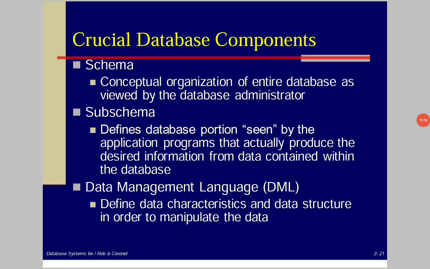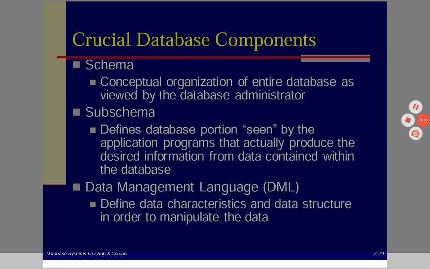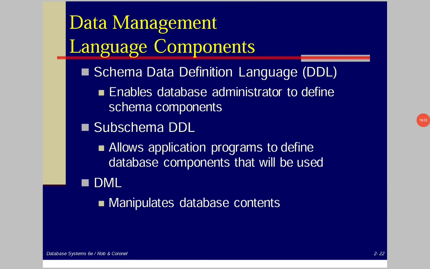So these three are required in the network model. So the data management language components are schema DDL, subschema DDL, and DML. DML means data manipulation language, which manipulates database contents.